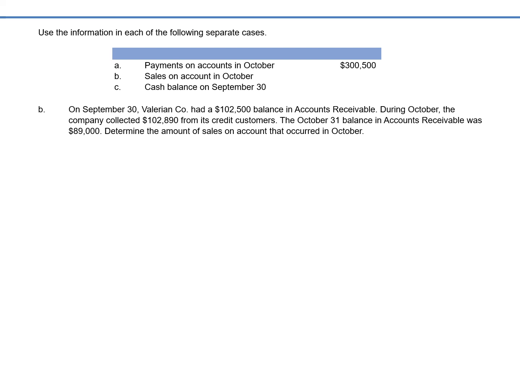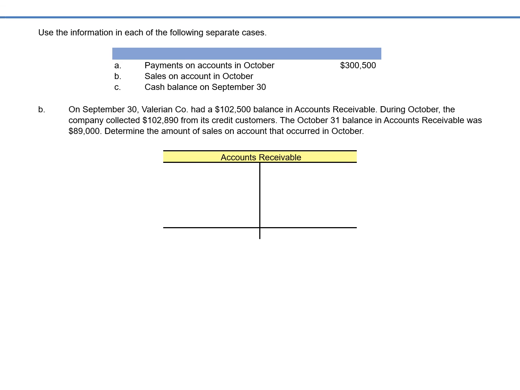Okay, so in part B, they say that September 30th, Valerian Company had 102,500 in accounts receivable. During October, they collected 102,890. They had a balance at the end of October of 89,000, so they're asking us to solve for the amount of sales on account that occurred during October. So accounts receivable has one of those key words, right?